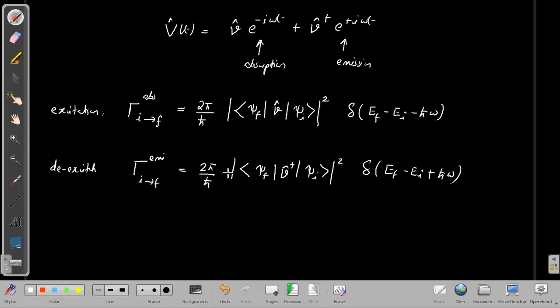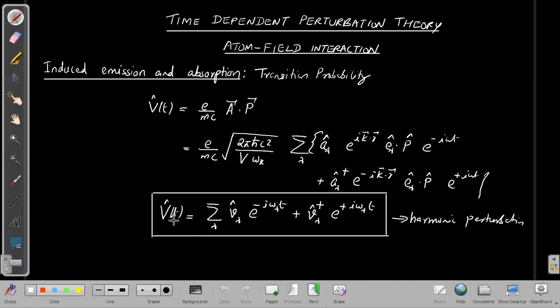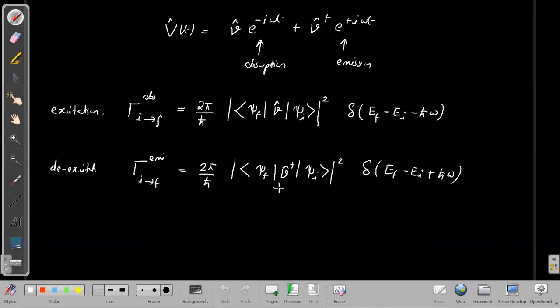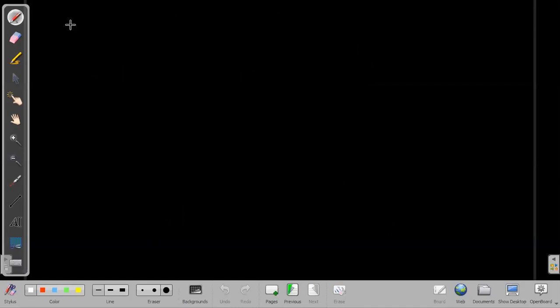Now, if you know these two things, the expression for the interaction potential for atom field interaction in quantum theory and the transition rate for harmonic perturbation, we can easily find out the transition rate for the atom field interaction in quantum mechanics, that is, when you treat the field as a quantum variable.